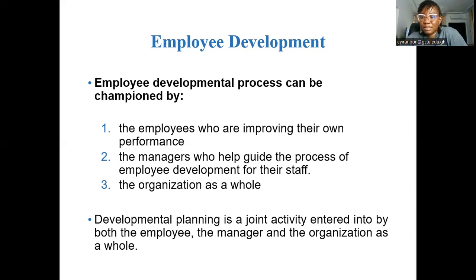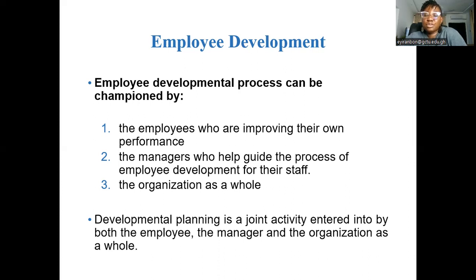So this is why we are studying this course as human resource managers in future, so that we put in the right resources, or the right systems, that will ensure that our staff are developed. And also the third is the organization as a whole, represented by the HR unit or department or directorate.